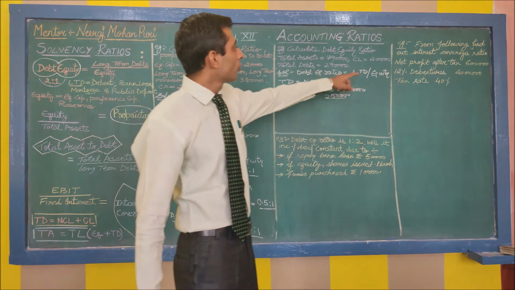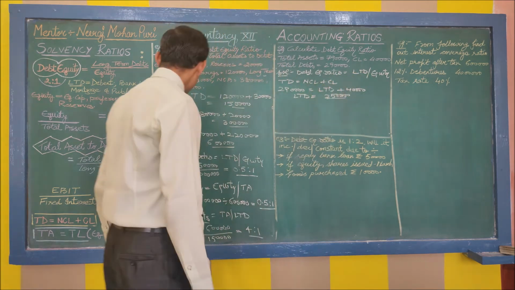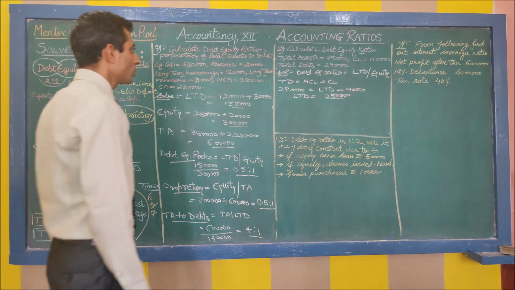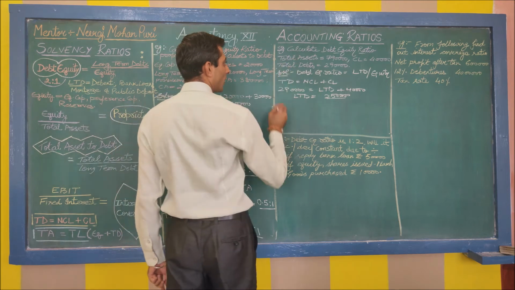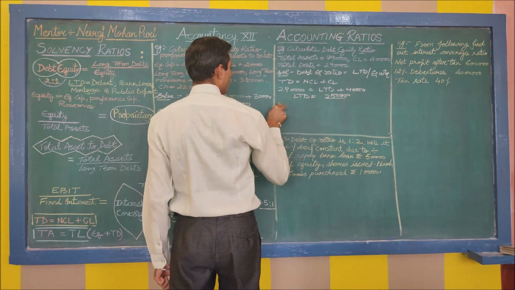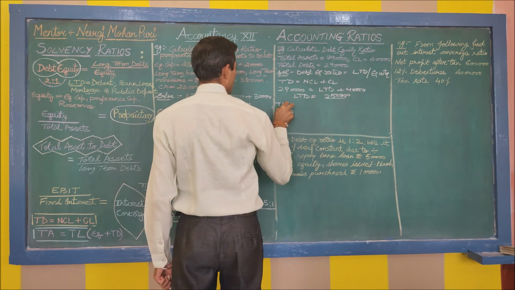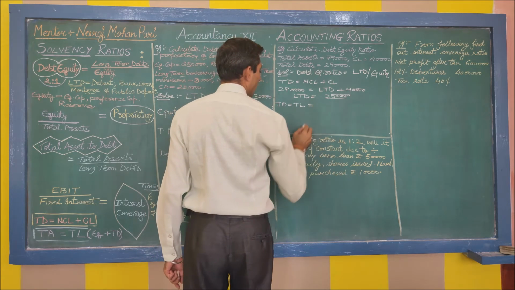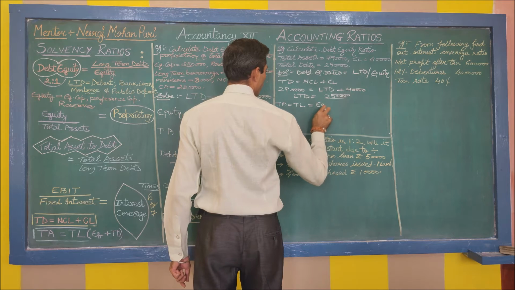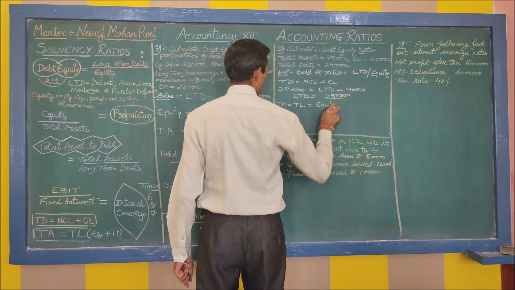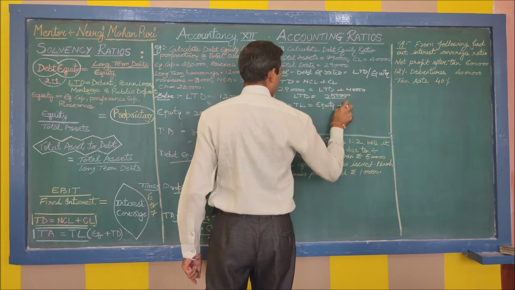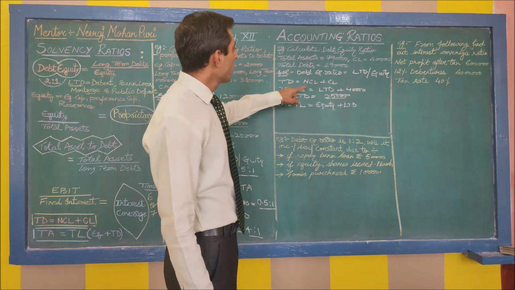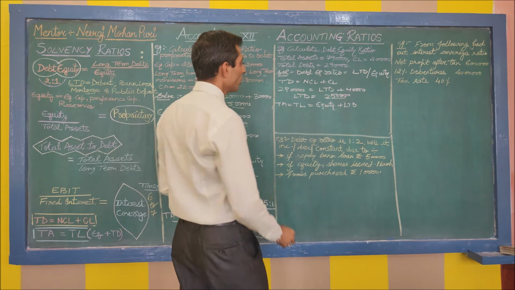Now the next step is to find equity. For equity, we again apply the formula that total assets are equal to total liabilities, and total liabilities are equal to equity plus debts.